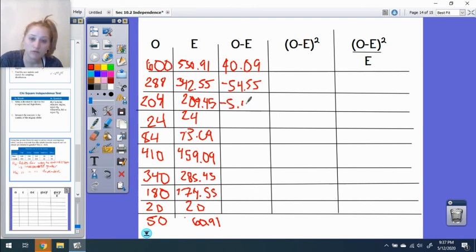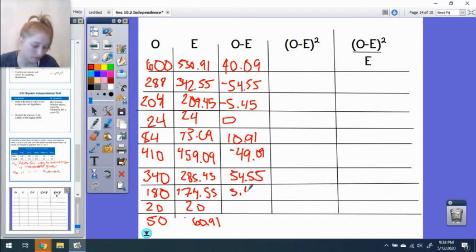Negative 5.45, 0, 10.91, negative 49.09, 54.55, 5.45, 0, negative 10.91.